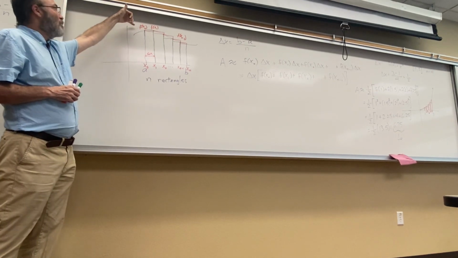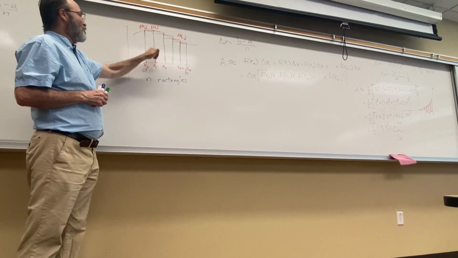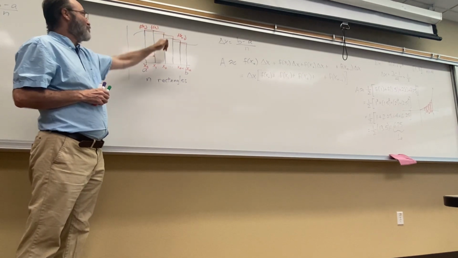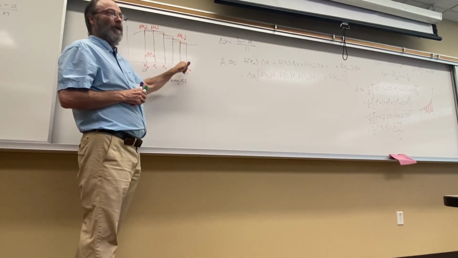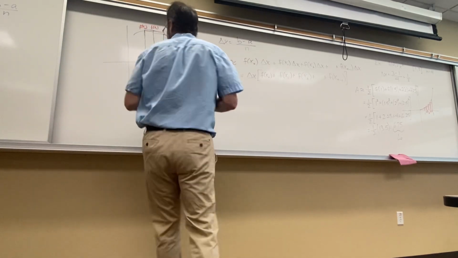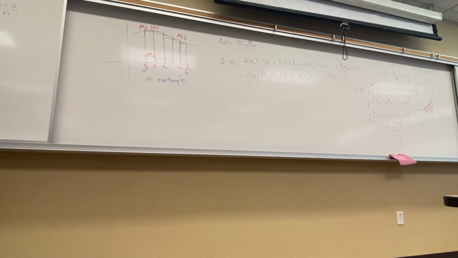But at x1, this rectangle's touching it. x2, x3, x4, and in this case, it's touching it at the very last one as well. So our right-hand rule is going to not include x0, but it will include the last one that's missing here, and everything in between.